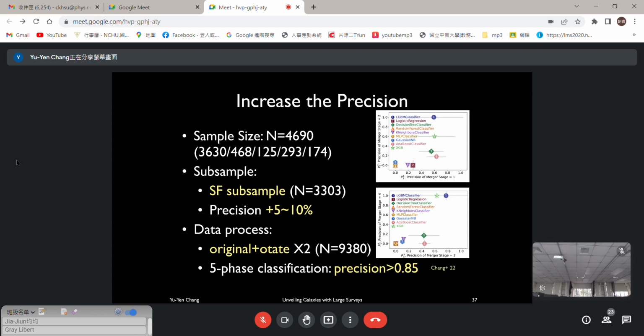I also tried to include more rotated images, but in the end we found it's enough to have one original image and one rotated image. As a result, if we increase the sample size by rotating the images, the precision can be up to 0.85, especially with the LGBM classifier, the first classifier I show in the right plots.